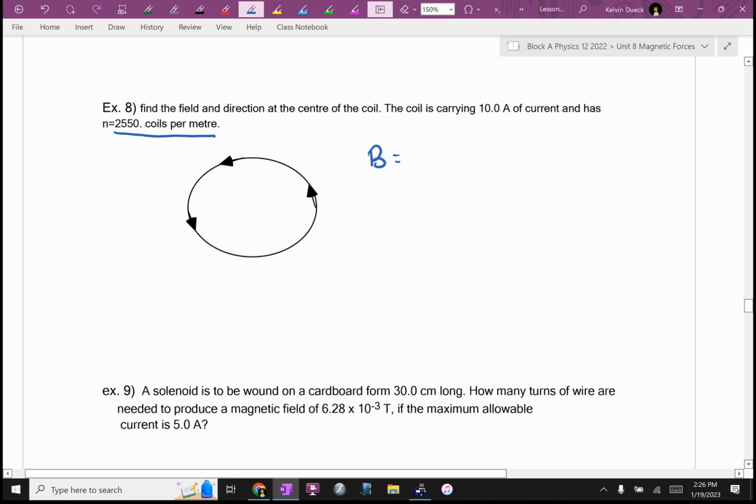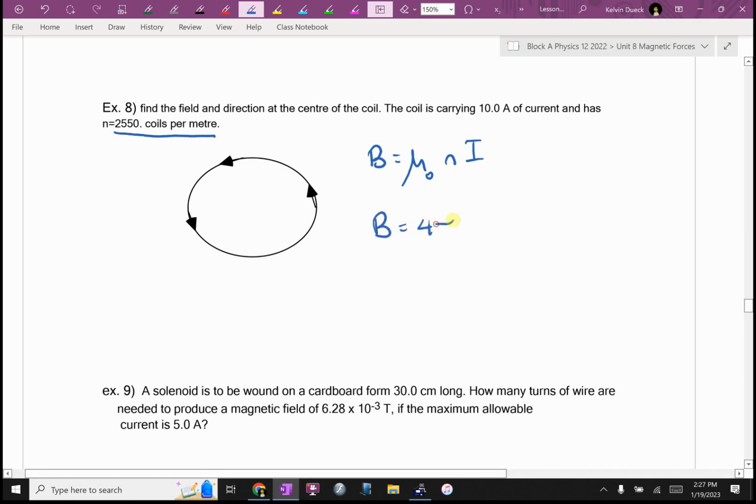So we're going to use, and I think I gave you this formula, this second one on your sheet as well, yes? It's going to be still mu naught, but instead of capital N times big I over lowercase l, someone's already done N divided by L and simplified it to lowercase n. Turns per meter.